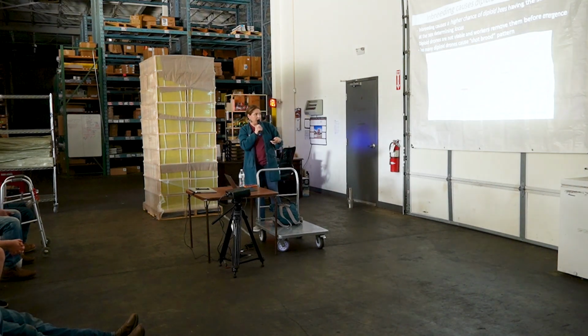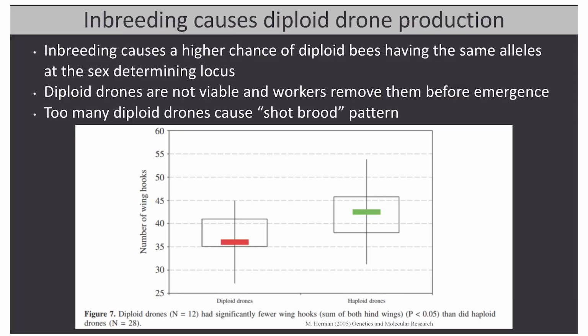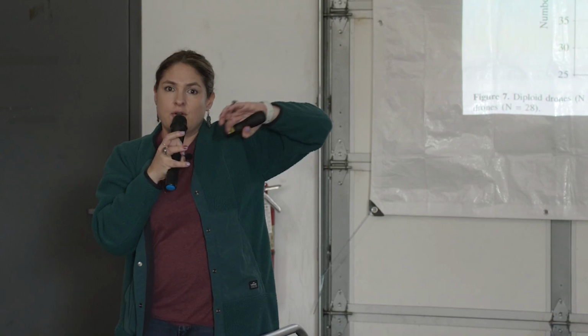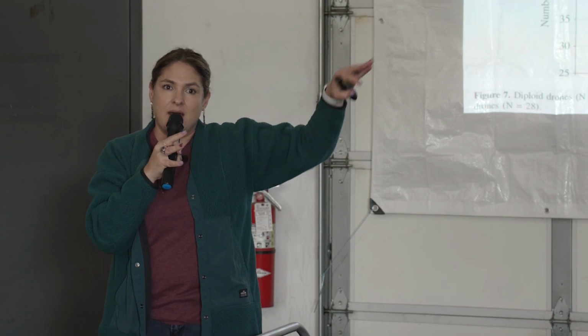Amongst other things, not a whole lot of people have done work on diploid drones, but they've shown that diploid drones have a lower number of wing hooks. The wing hooks are the ones that allow them to connect the fore and hind wings into one mega wing that helps them fly faster.